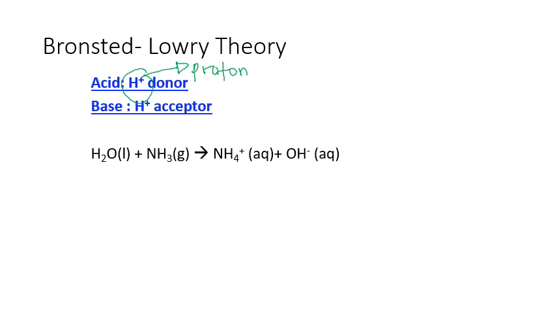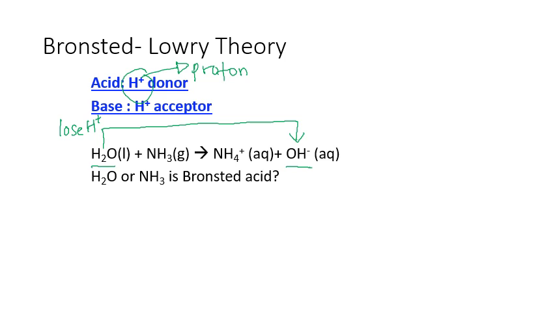So how are we going to determine? We will pair H2O with the hydroxide ion. When I compare H2O with OH-, we notice that H2O lost hydrogen ion to form hydroxide ion. Therefore, H2O is the Bronsted acid.